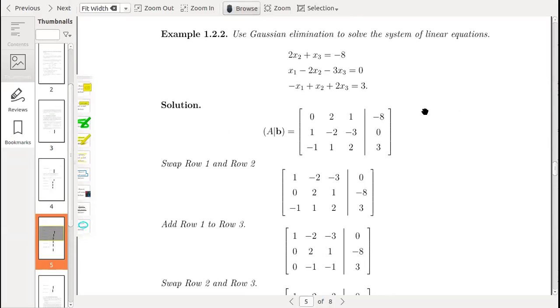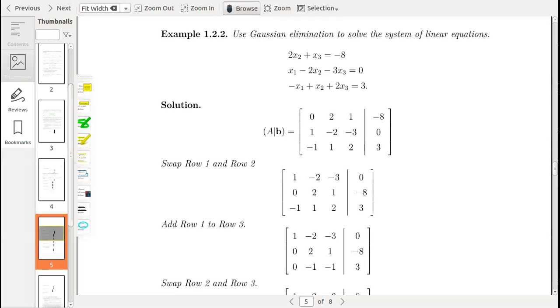Here is a system of equations involving three equations: 2x2 plus x3 is equal to minus 8, x1 minus 2x2 minus 3x3 equal to 0. The augmented matrix can be written in this form. Note that here x1 is missing, so there is no coefficient of x1 in the first equation. That's why we can take 0 as the first coefficient.